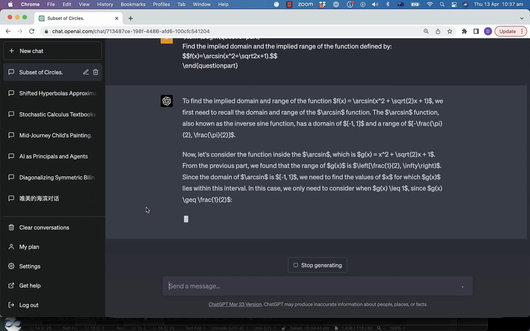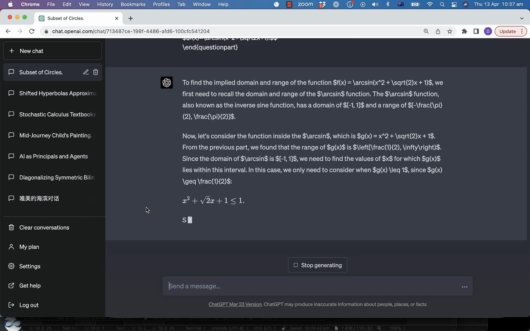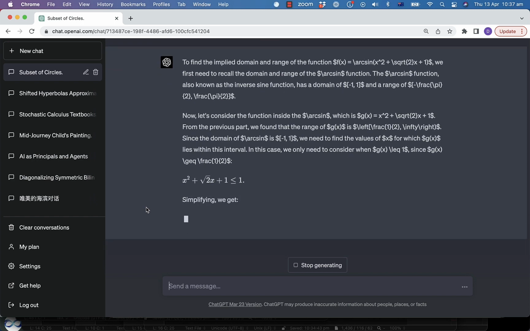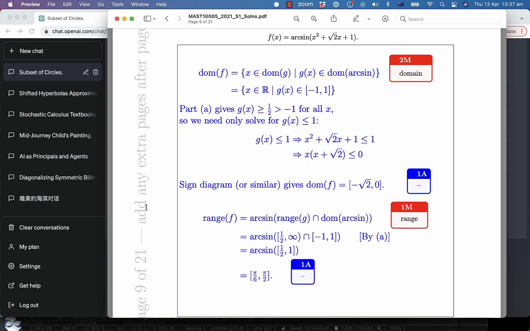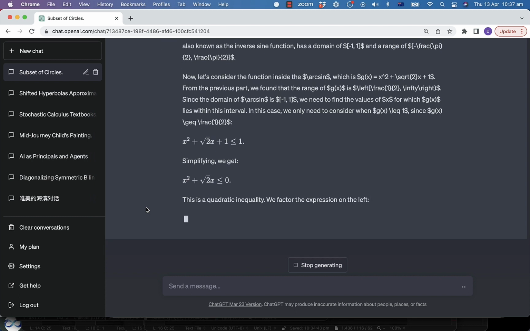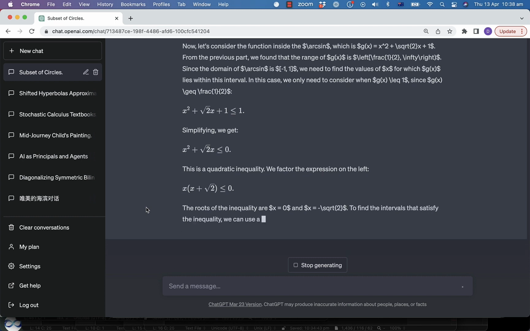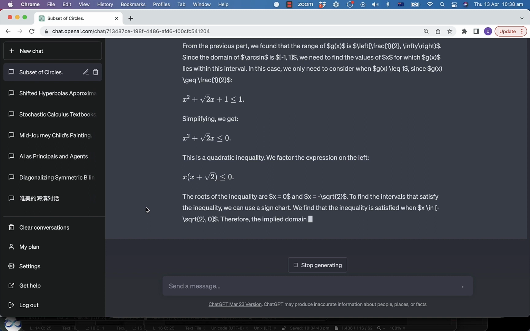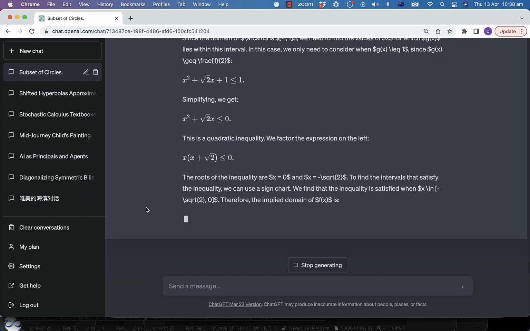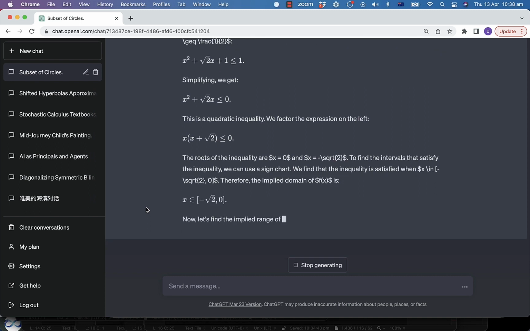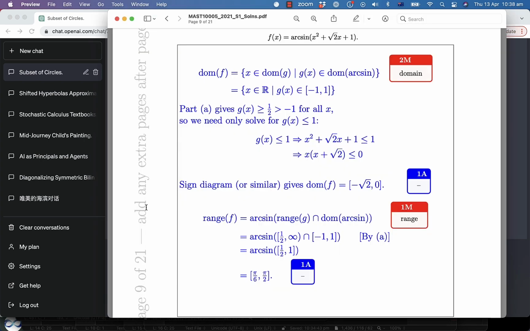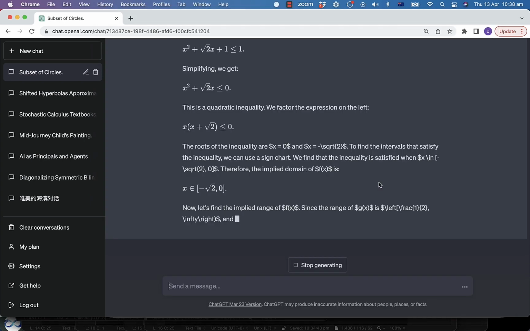It will render it if it's its own equation, I guess so, right. Yeah, nice. Sign chart. All right. Implied domain. Yeah. Correct.